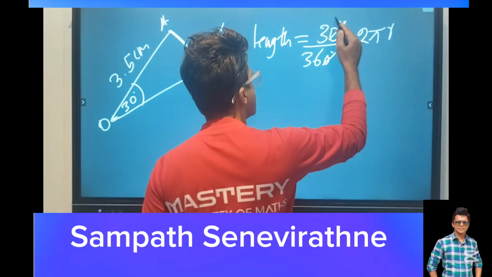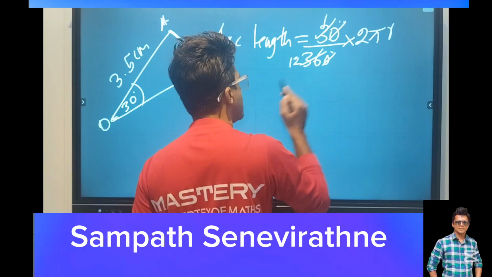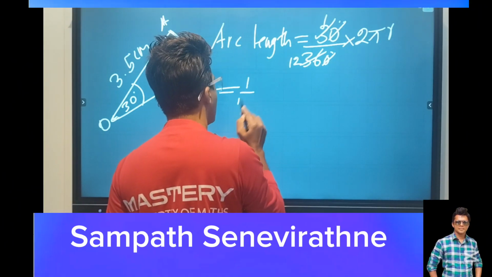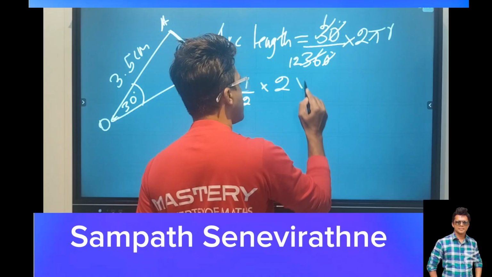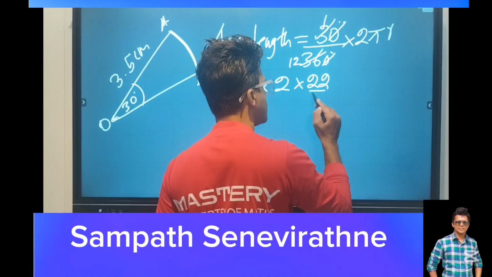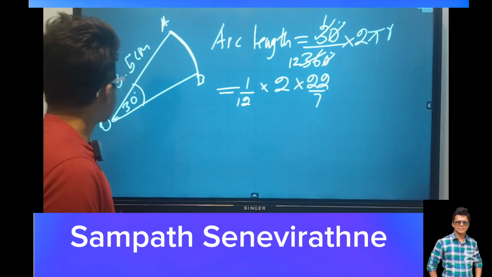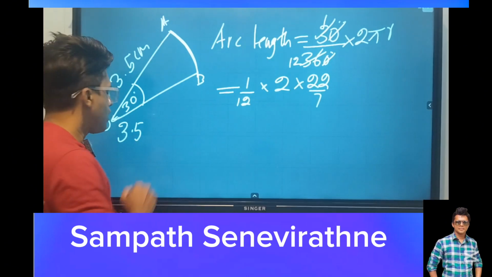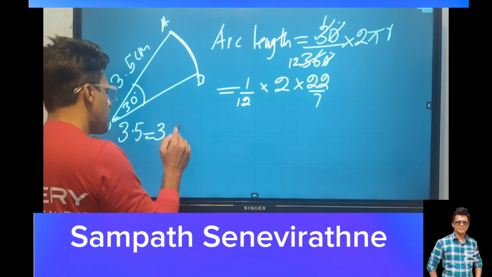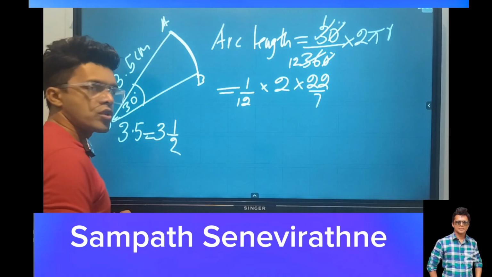So simplify that, 1 and 12. Therefore 1 over 12 times 2 times 22 over 7, and it is also given that the radius of the sector is 3.5.